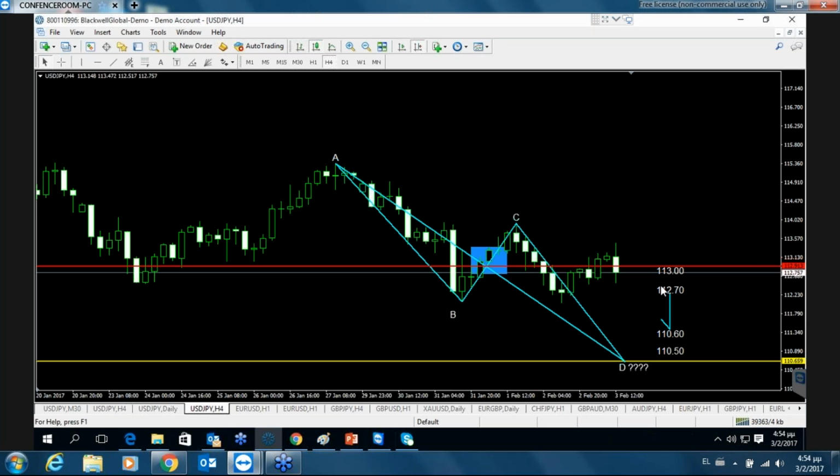So it should be trading area 112.70 onwards. So it has not reached that good price to trade as yet, because it is at 112.75 now. It's probably best for us to wait until 112.70, targeting 110.60.